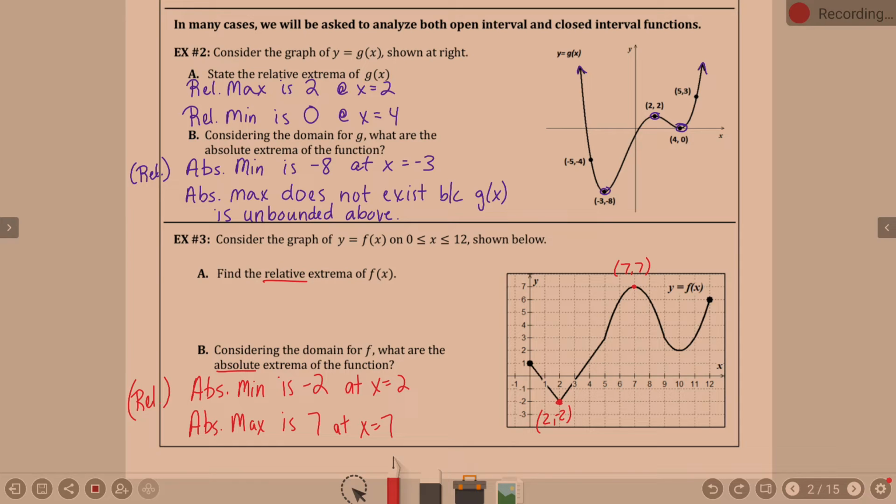What's another one? And what is 10, 2? Relative min. So relative min is 2 at x equals 10.